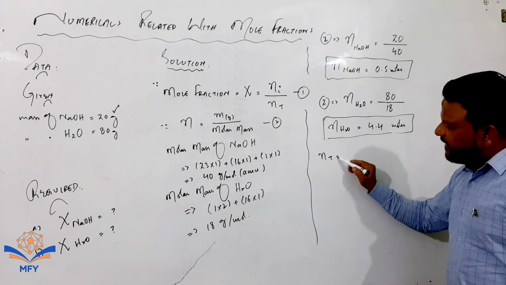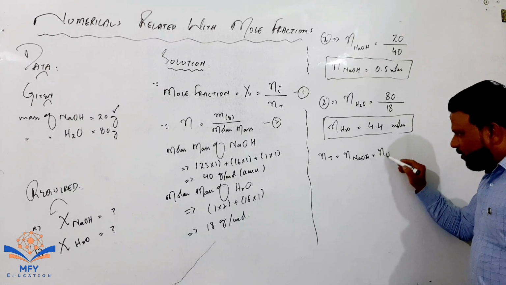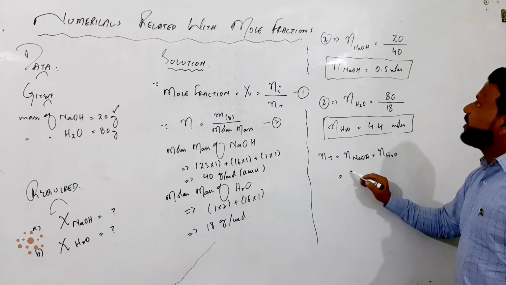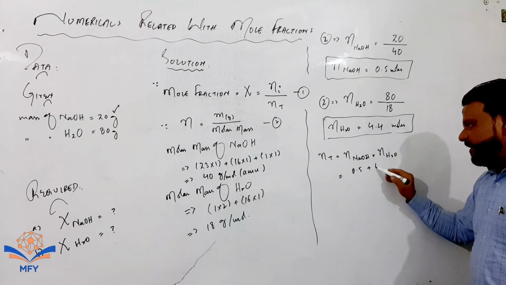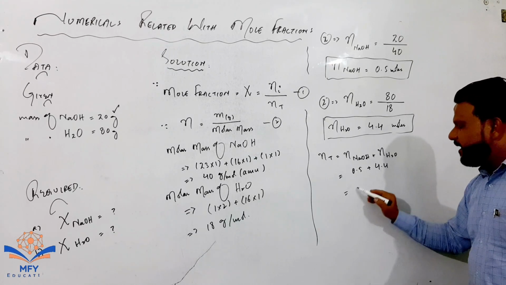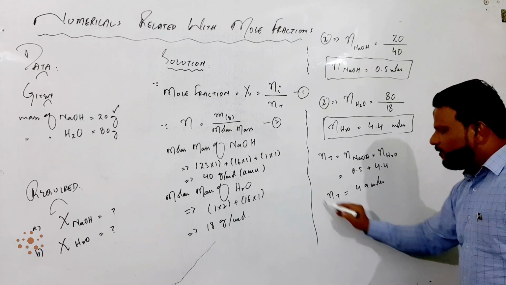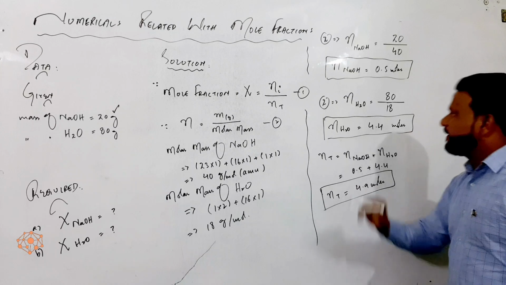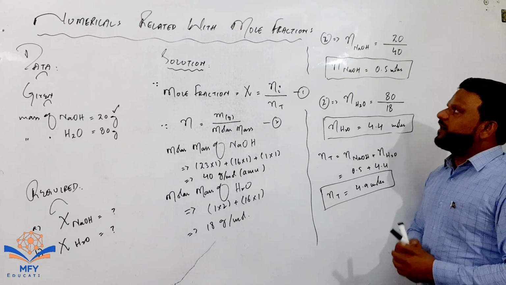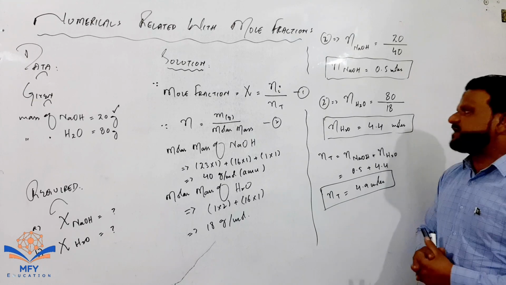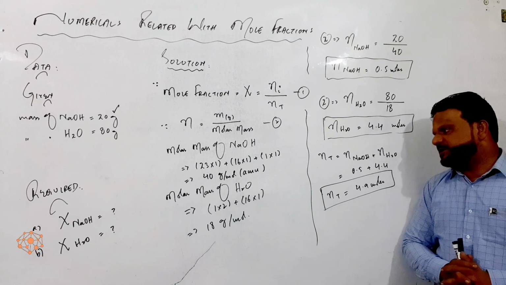Total moles can be calculated by moles of NaOH plus moles of water. Moles of NaOH become 0.5 plus moles of water is 4.4. It becomes 4.9 moles. Now total moles will be 4.9. After calculation of individual moles of NaOH and water, we can easily calculate the total number of moles.